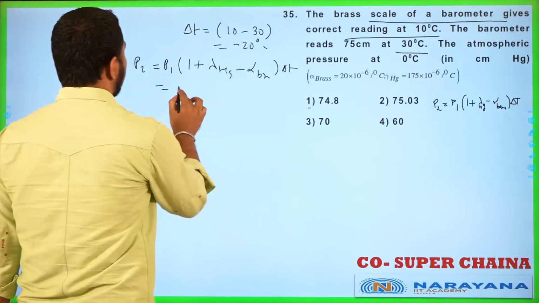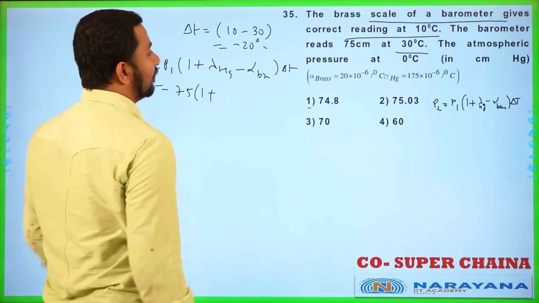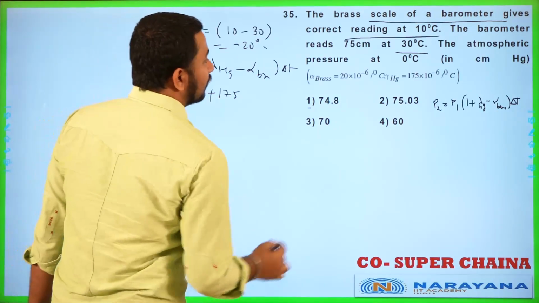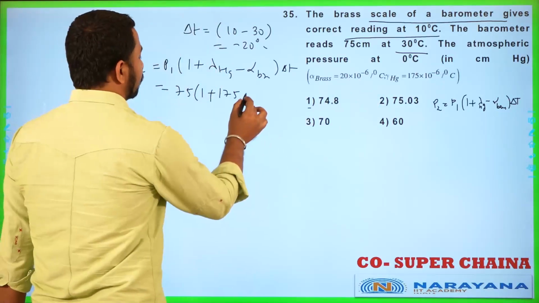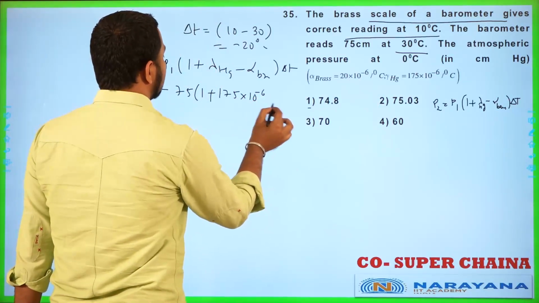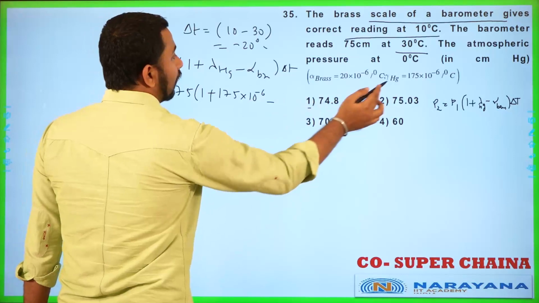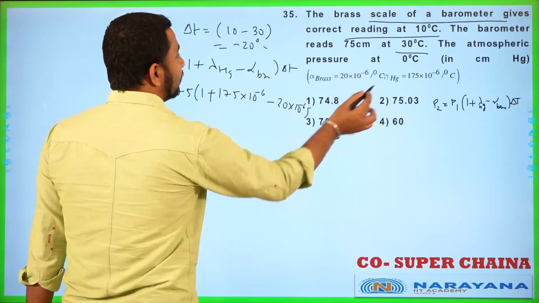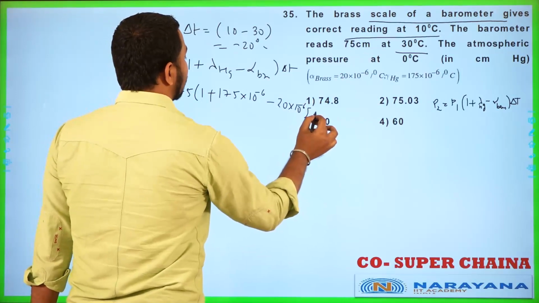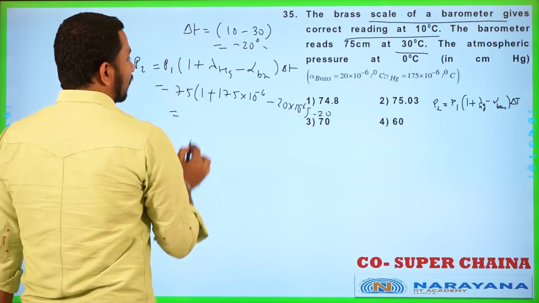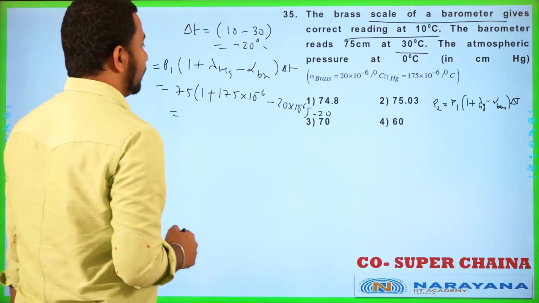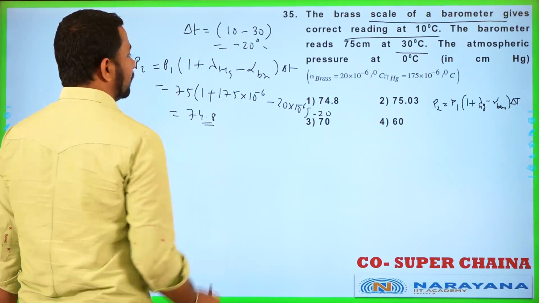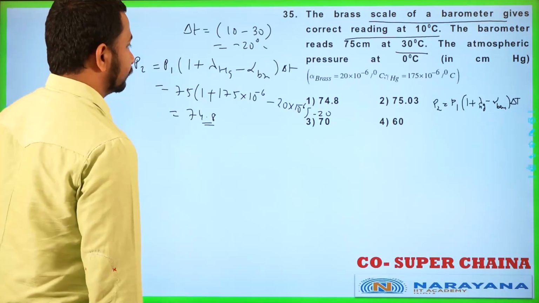This is 75, 1 plus gamma Hg is 175, the 10 to the power minus 6 is the same, minus 20 into 10 to the power minus 6, and delta T is minus 20. When you simplify this, it comes to around 74.8, and that is the answer of this question.